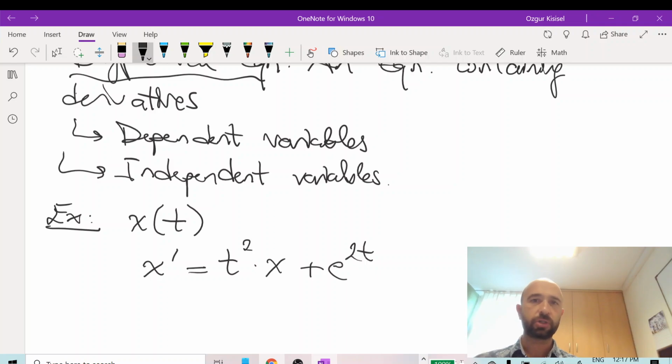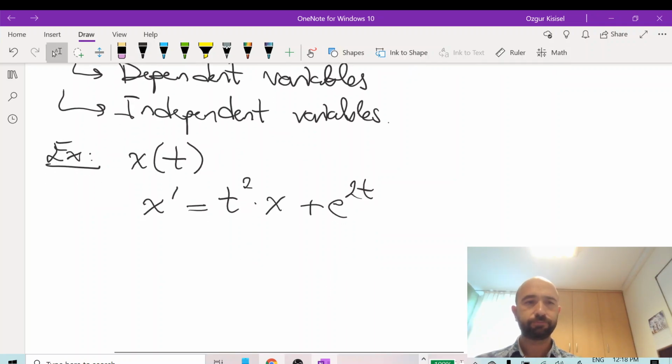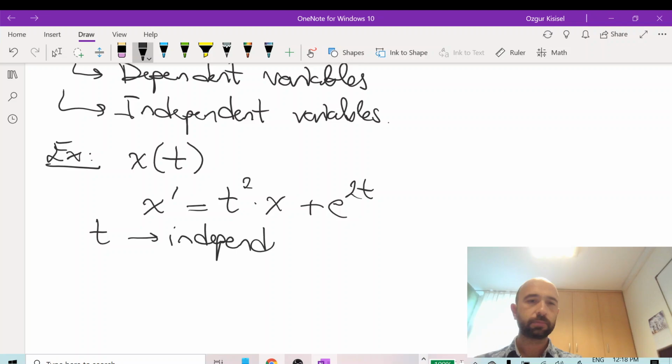Just to repeat, x prime is the t derivative of x. t could be time or something else, it doesn't matter here. On the right hand side, we have some function of t and x. Never mind about how to solve this for now, it's just an example. So here, t is the independent variable, and x is the dependent variable.